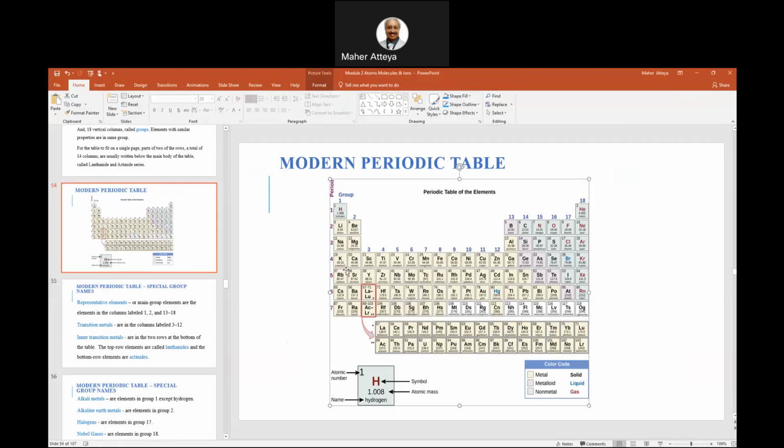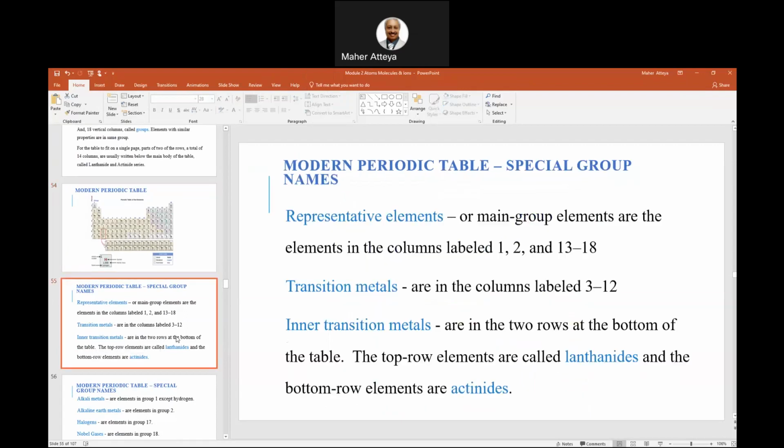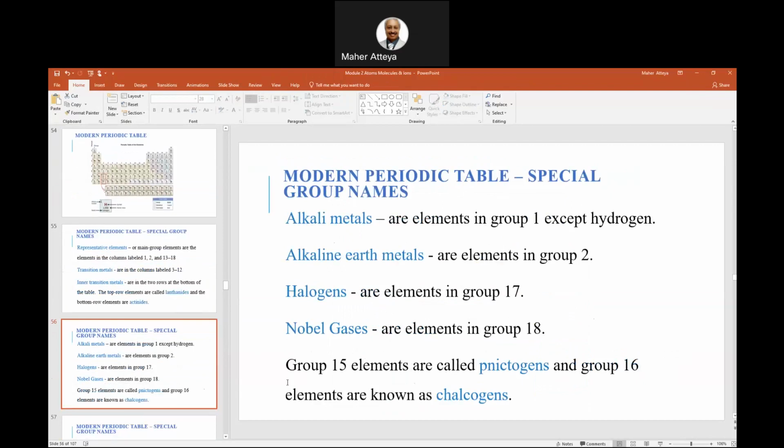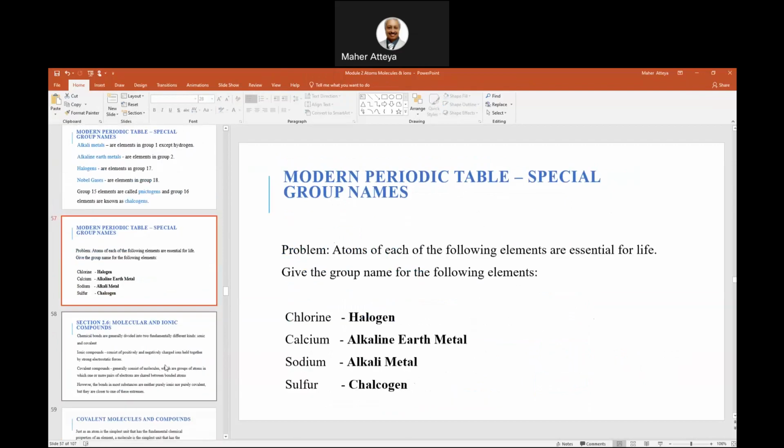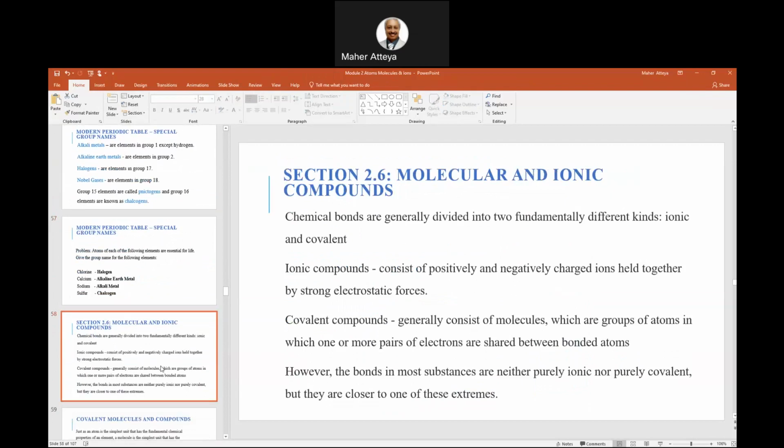So those are alkali as well. Okay, so those are transition elements and inner transition elements. We went through these noble gases, halogens, and so let me just look at what we have.